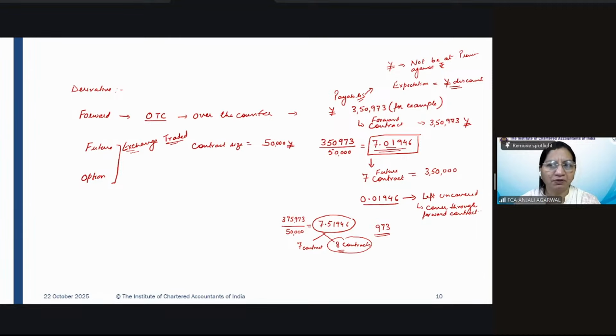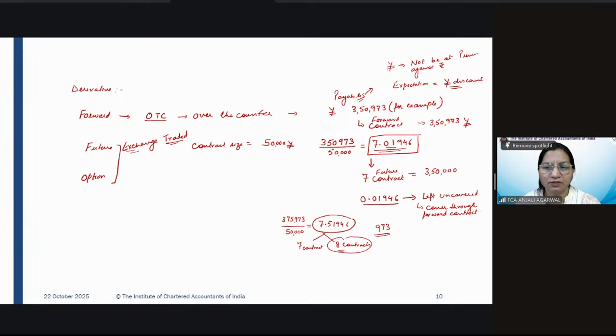I'll make the payment on 31st July, maybe August. So he may charge me some interest, but I'll be more than compensated because the yen would be at a discount. So these are also some of the internal ways, leading and lagging, making the payment early or delaying the payment if it is payables.